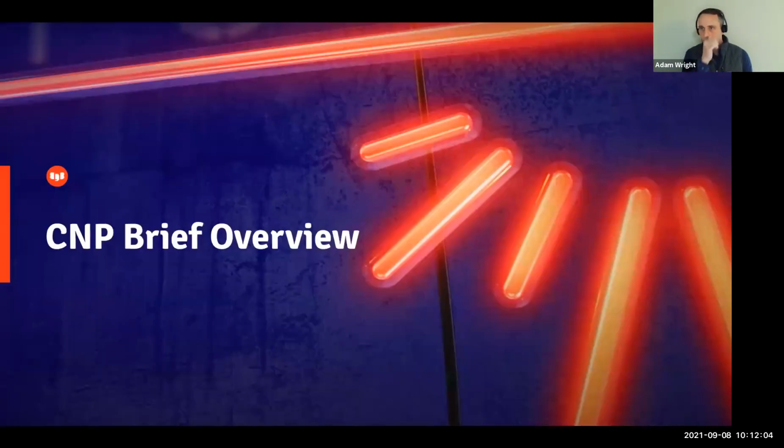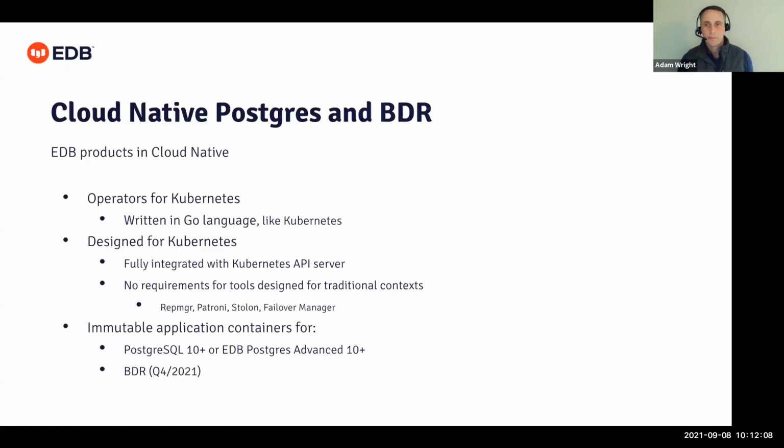All right, so now that we're done with that overview, let's talk about CNP real quick, just to make sure that you have the full context for the discussion today. So Cloud Native Postgres and BDR, these are operators. It's important for this conversation that you understand what operators are. We've written the Cloud Native Postgres operator in Golang. It's fully integrated with the Kubernetes API server. It's designed for Kubernetes, with no external tools.